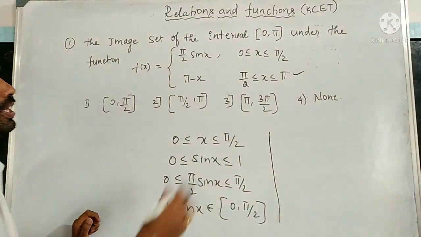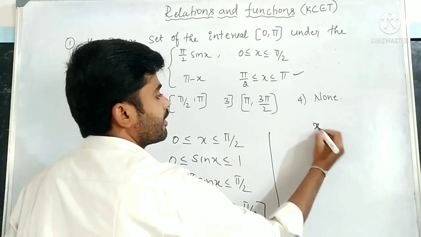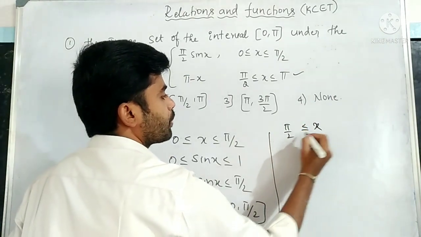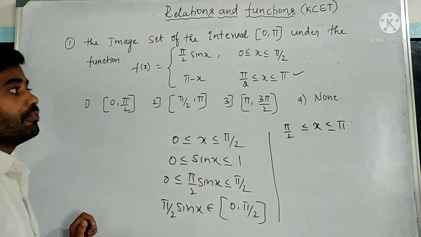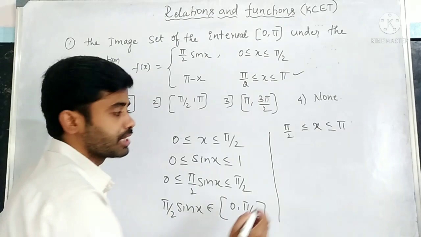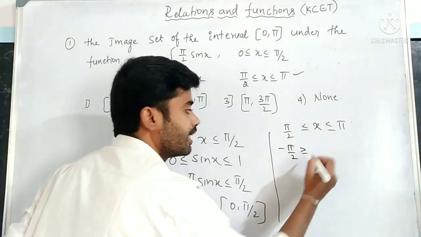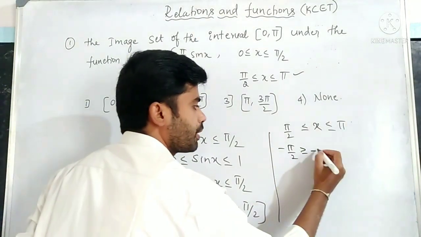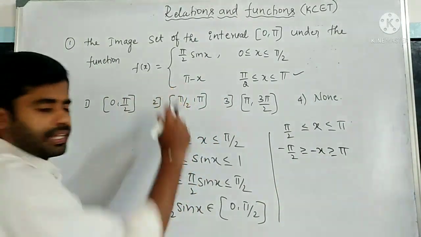In the second case, what do we have? If x lies greater than or equal to pi by 2 and less than or equal to pi, we need pi minus x. First I will multiply by minus. If you multiply by minus in the whole inequality, the inequality sign changes: minus x. Again add pi.